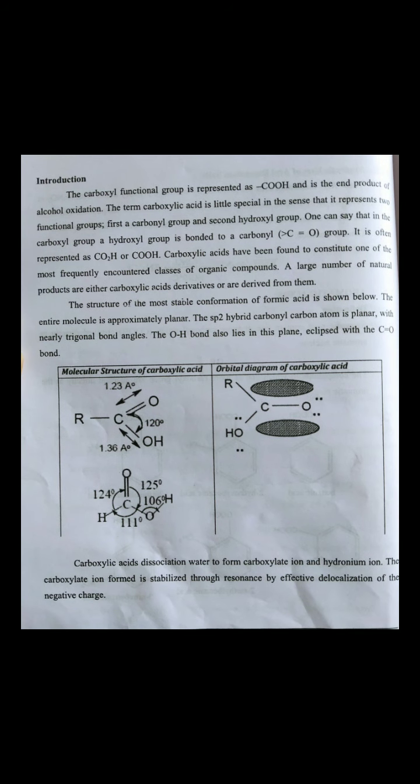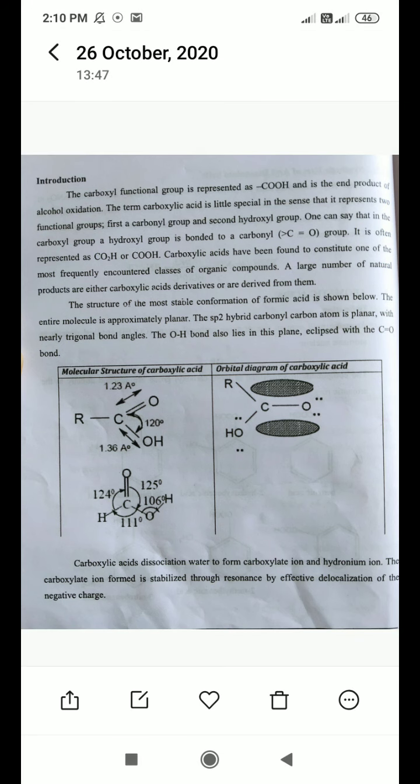This is all about that. Next is the introduction about how the structure forms, which groups are involved, is there a sigma bond, pi bond, and what is the angle difference between the carboxyl carbonyl group and the methyl and oxygen groups. This is all about the introduction of aromatic acid.